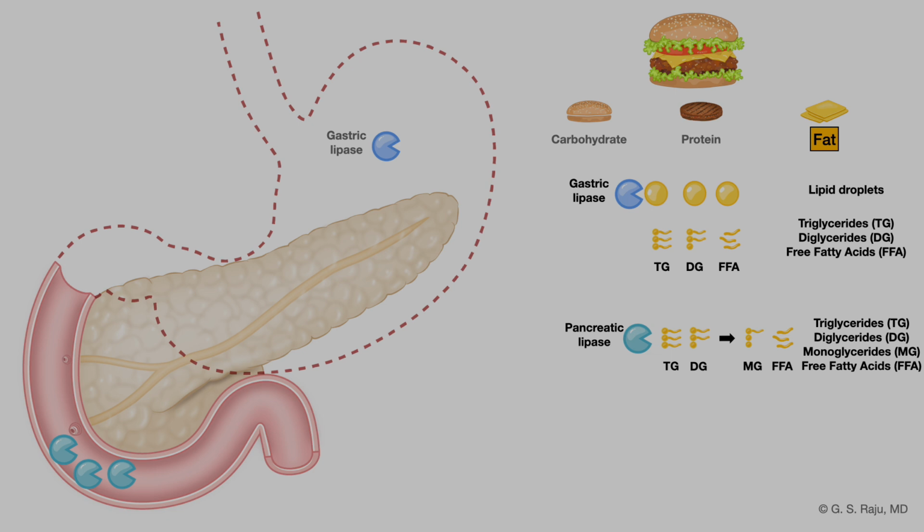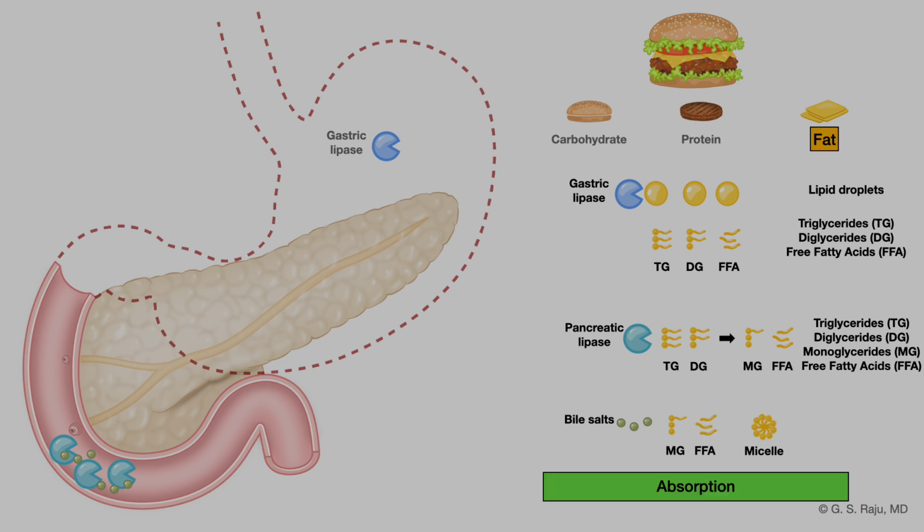We also know that for fat digestion, we need bile, and the bile creates micelles, which are helpful in the final absorption of the fat into the body through the jejunal lacteals as well as the capillaries and venules, depending upon whether there are medium chain triglycerides or not. So something to keep in mind.